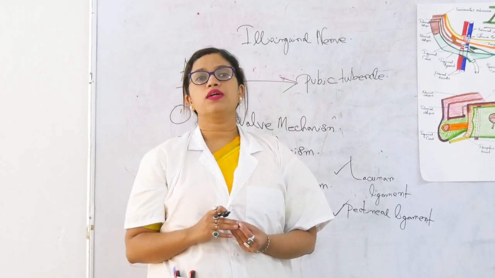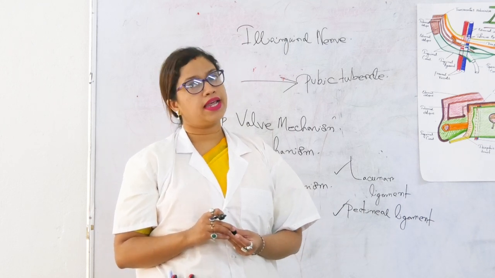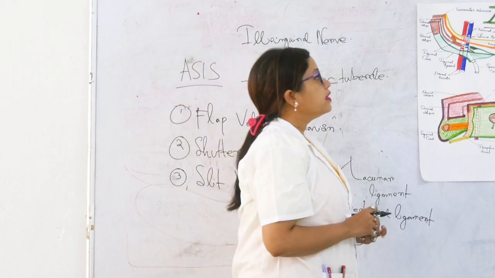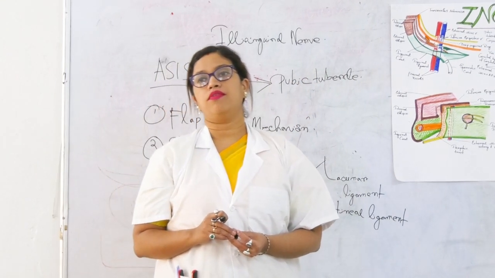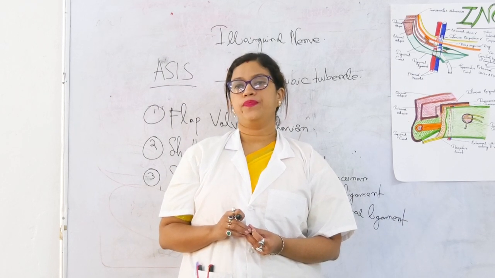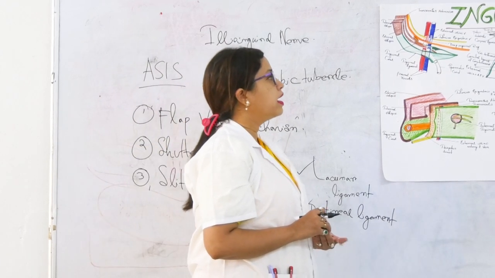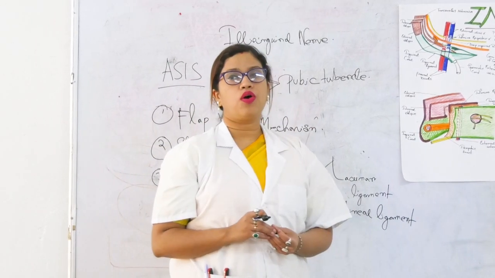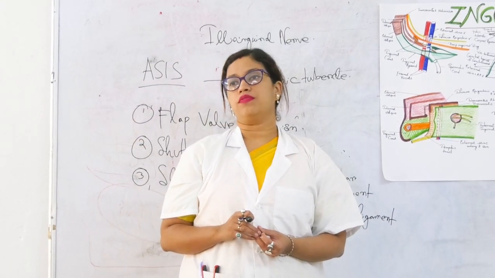Now you could remember the gluteal region, where we have got these nerves, lateral and anterior. Then the third one is the femoral branch of genitofemoral nerve. And the fourth one is the femoral nerve.